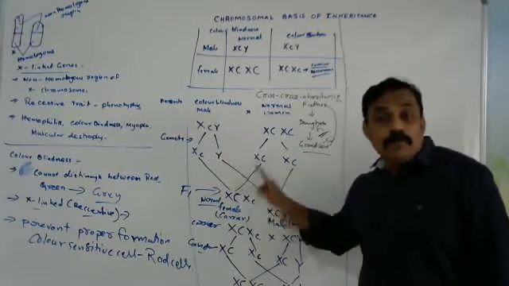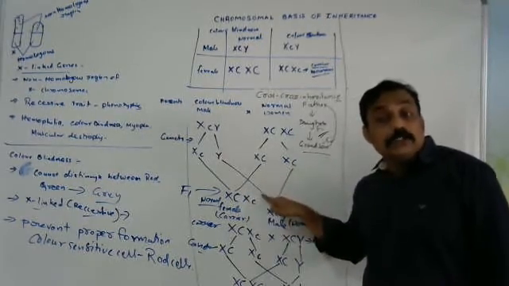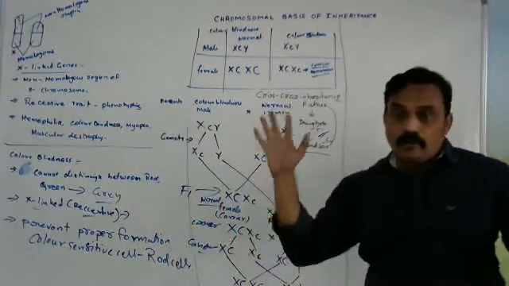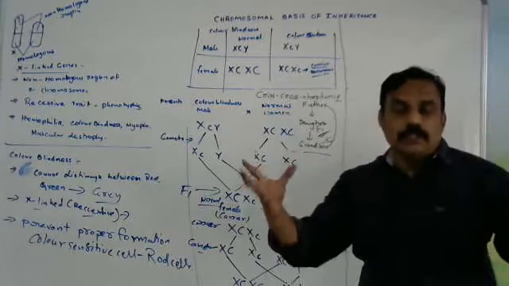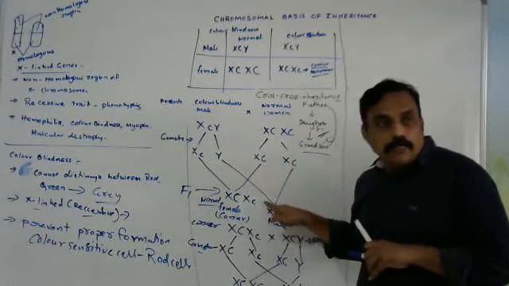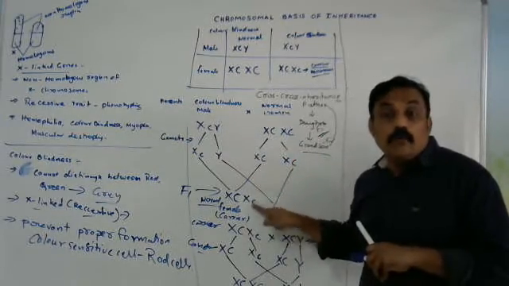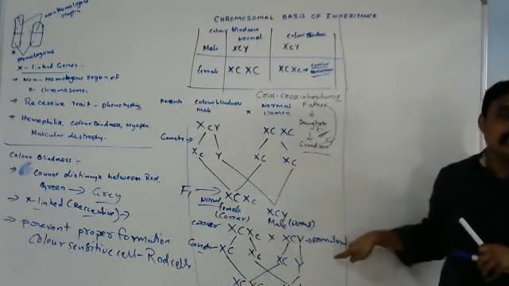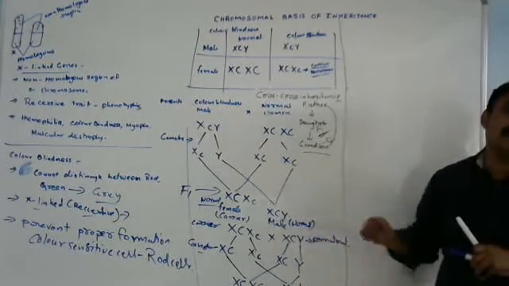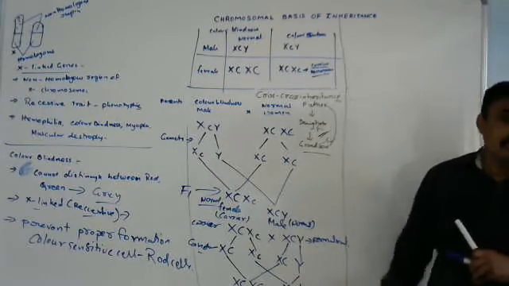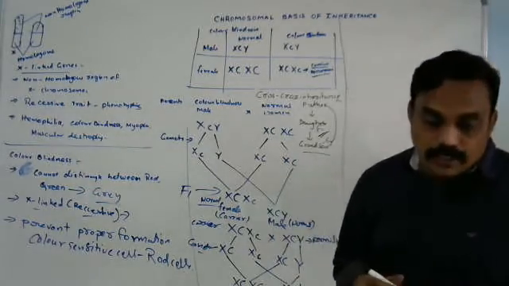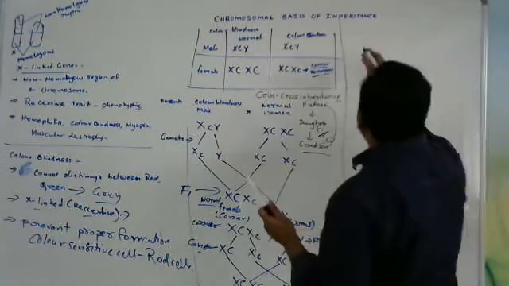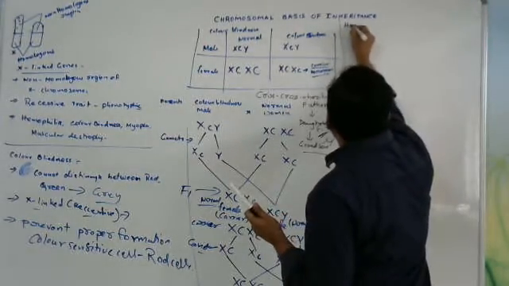She is born with the dominant character, so phenotypically she is born with normal vision. But in her genotype, one more recessive trait is there. That recessive trait is exhibited in her son. Okay, try to understand. That is what we call criss-cross inheritance.